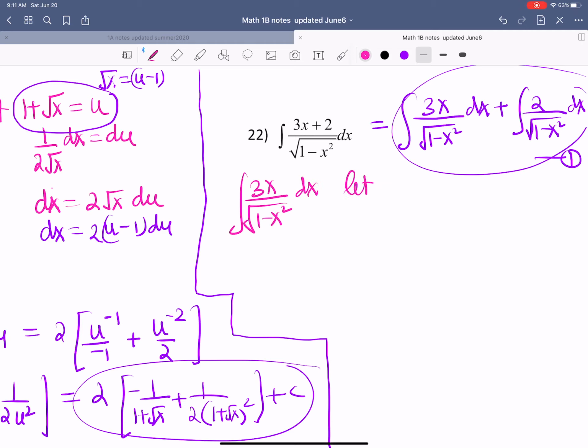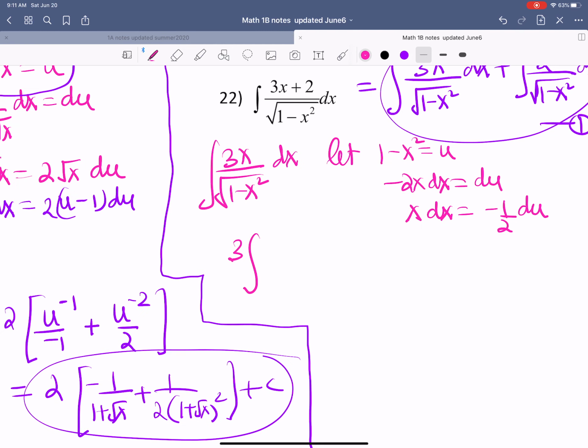This one looks like we can do a u substitution. Let 1 minus x squared be u, negative 2x dx be du, or we can say x dx be negative 1/2 du.